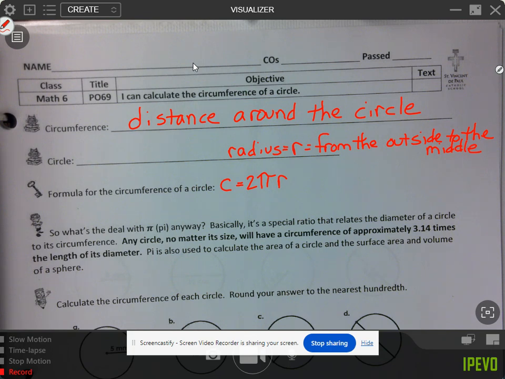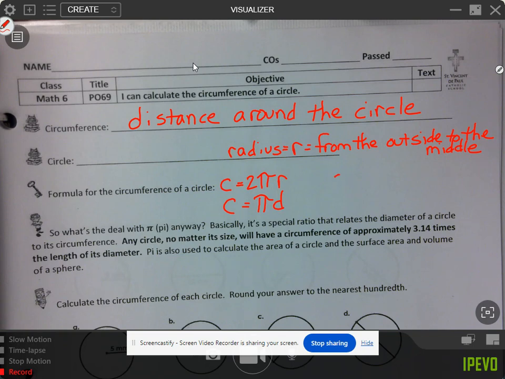What is our other formula that we could use to find the circumference? I should see every hand up. What is the other formula to find the circumference? We've got 2 pi r. What else could we have? Pi times the diameter.